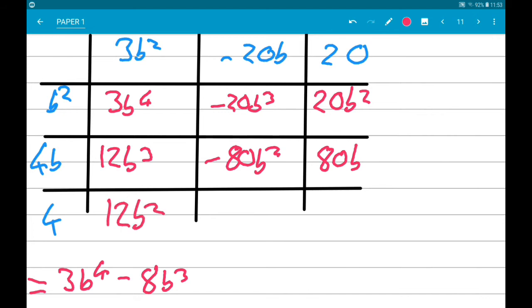So that's all of our b squareds. So 12 add 20 is 32, minus 80 is minus 48b squared.